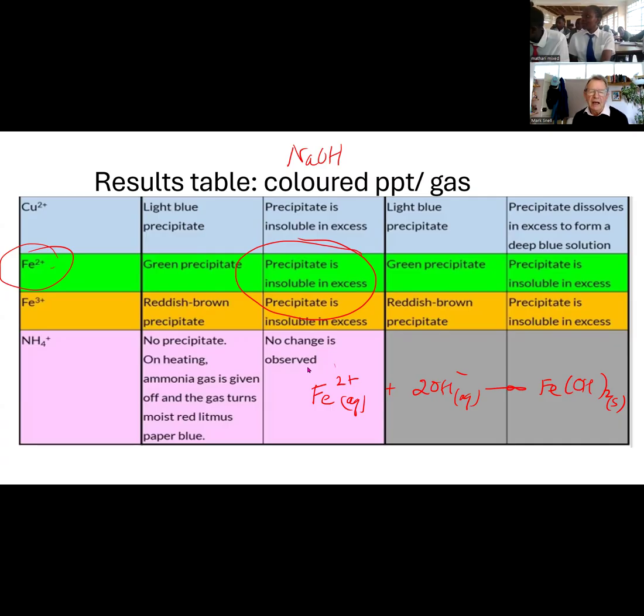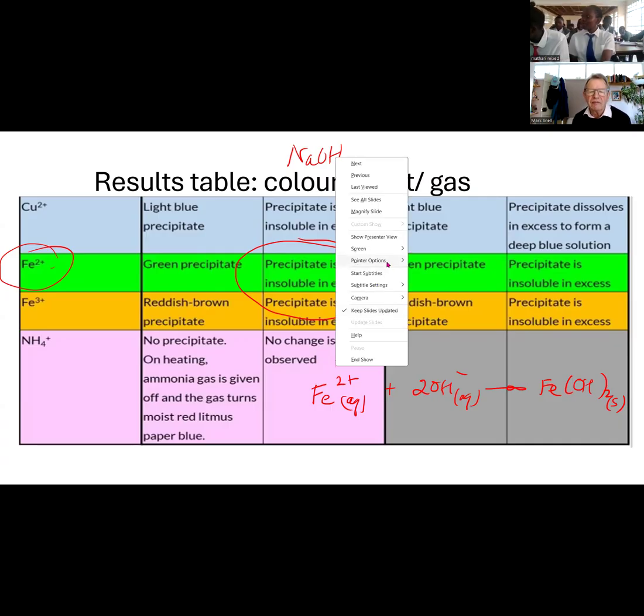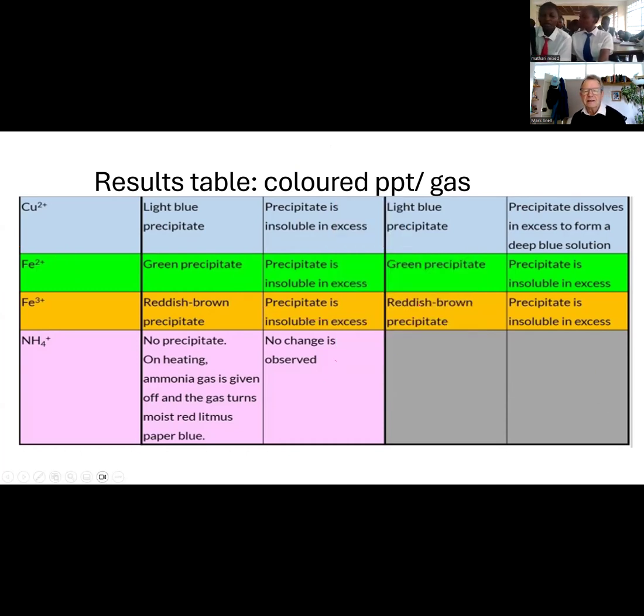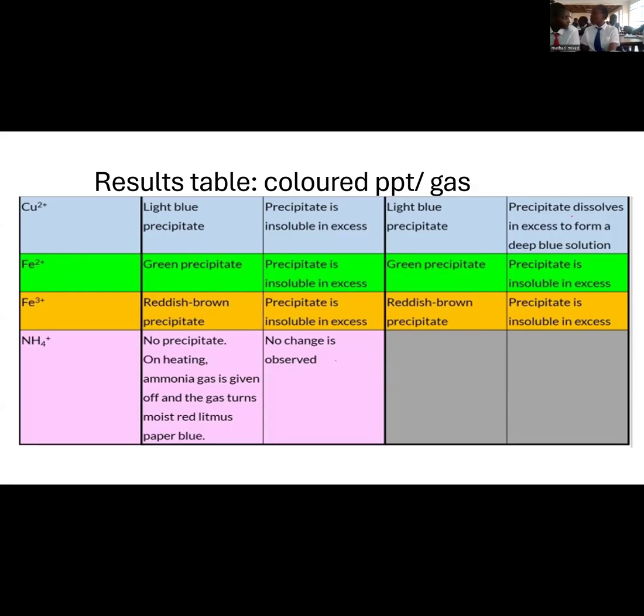Good. Now there are just two on here which we haven't dealt with. The first one is this up here. Now, this is different from what happens with sodium hydroxide.